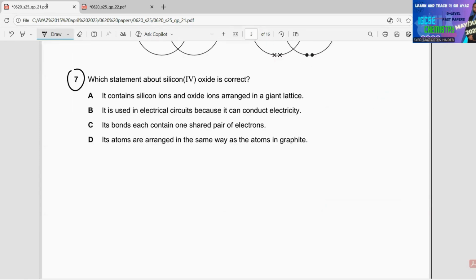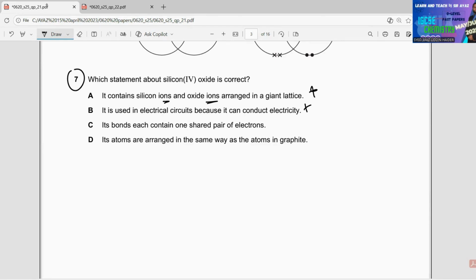MCQ number 7. Which statement about silicon 4 oxide is correct? A. It contains silicon ions and oxide ions. No need to read any further. It does not contain ions. It is having a giant structure, but does not have ions. So A is incorrect. B. It is used in electrical circuits because it can conduct electricity is also incorrect because it does not have any free electrons to conduct electricity.